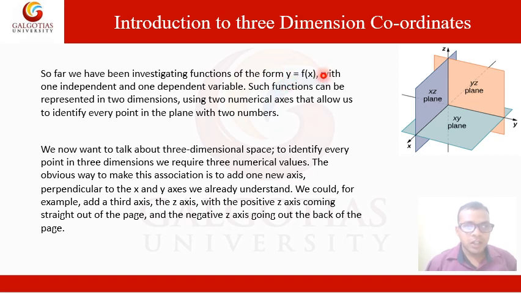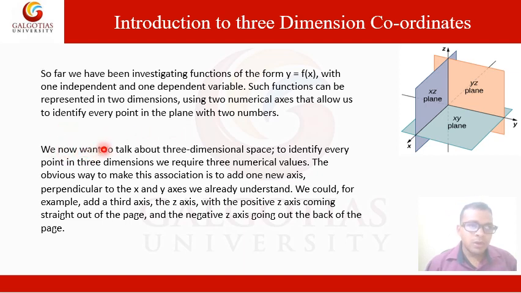That means one independent and one dependent variable. In such a case, we were working in two-dimensional spaces. Using two-dimensional spaces, we have two numeral axes that allow us to identify every point in the plane in two-dimension figures with two numbers only.